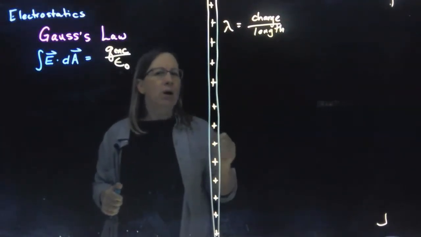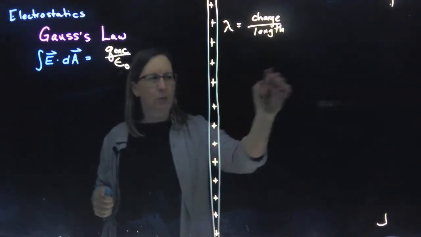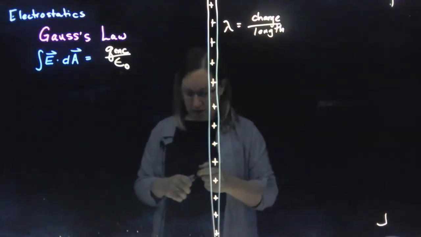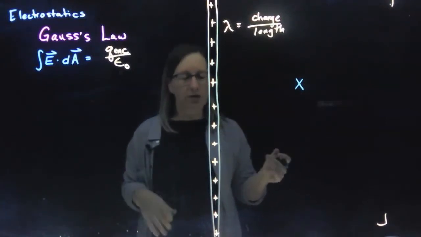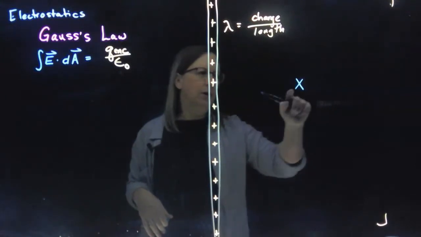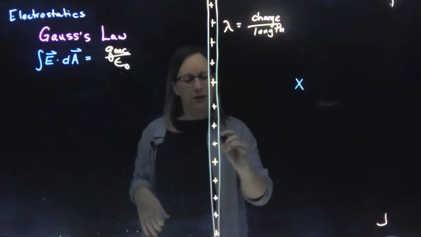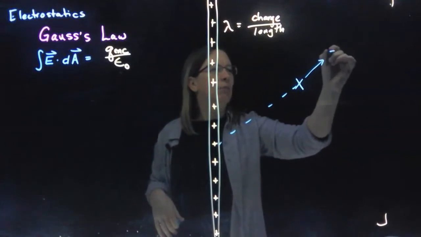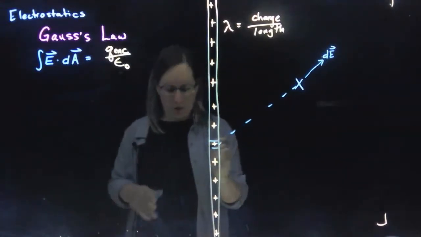Now, we know that we can actually do this if we take this and break it into little bits. Suppose we want to find our electric field right at X marks the spot. So let's say what direction this points. This little bit of charge here gives me an electric field that points this way, dE, due to this little bit.